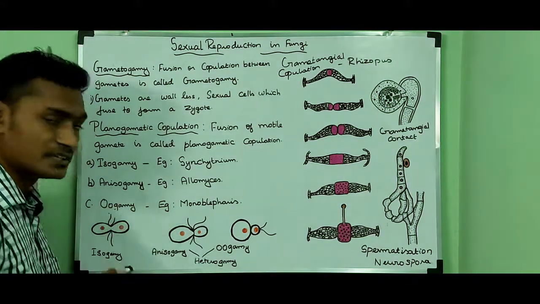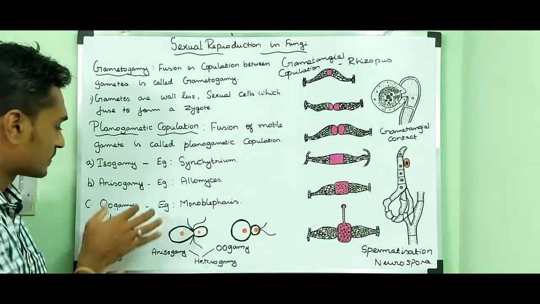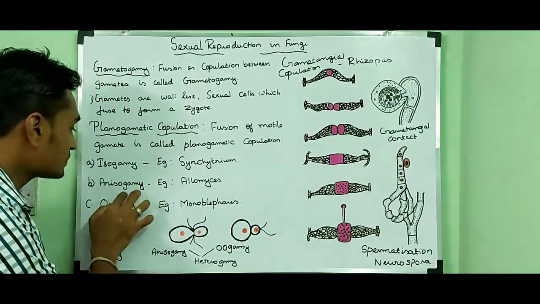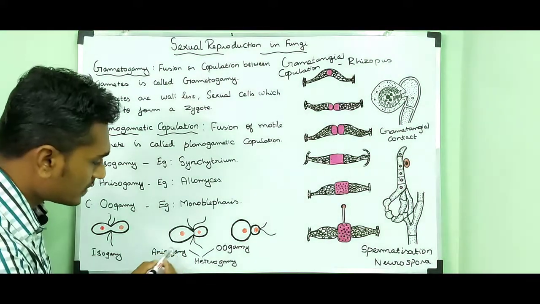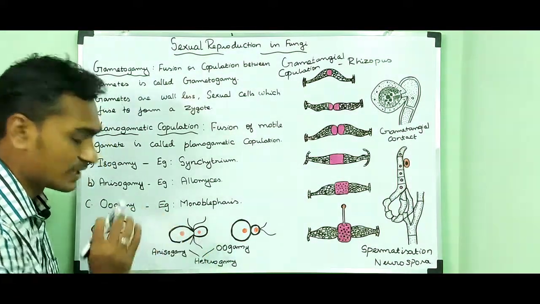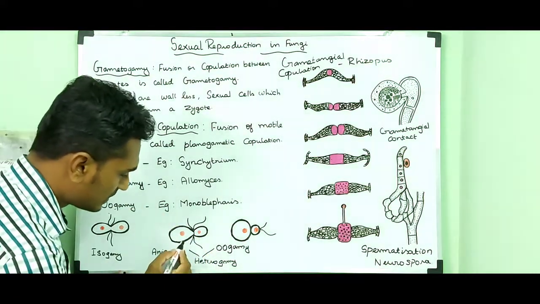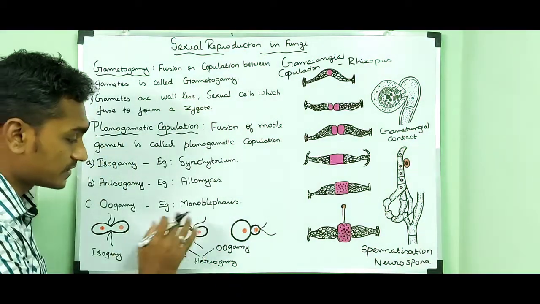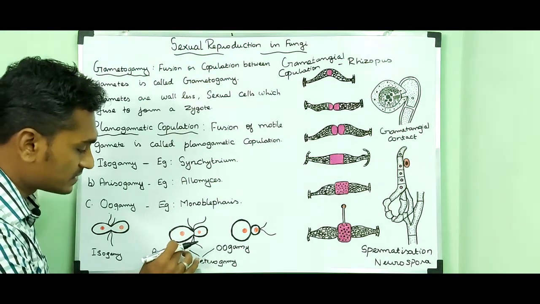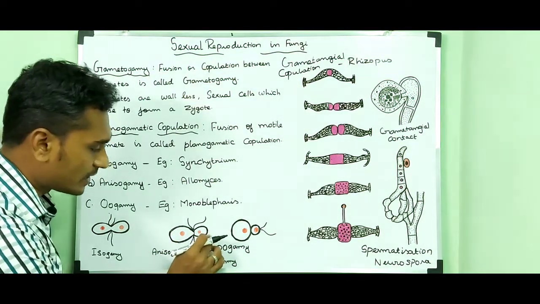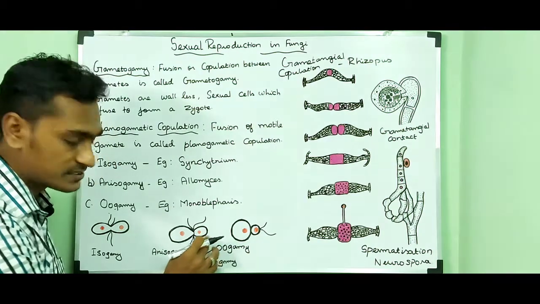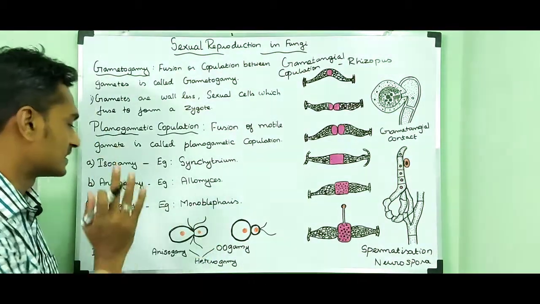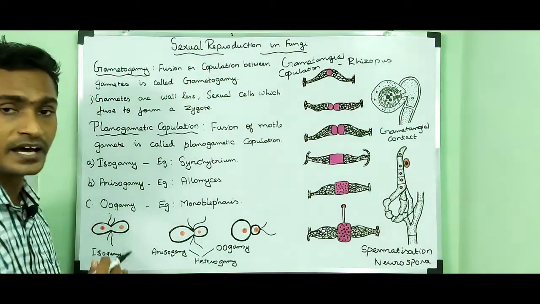Anisogamy and oogamy are somewhat related, but the difference is that in anisogamy both the gametes possess flagella, and you can find differences in shape and size. Consider this a female gamete and this the male gamete. Male gametes are smaller in size, female gametes are larger, and they possess flagella. This condition is called anisogamy.